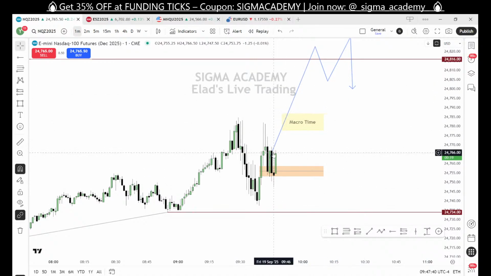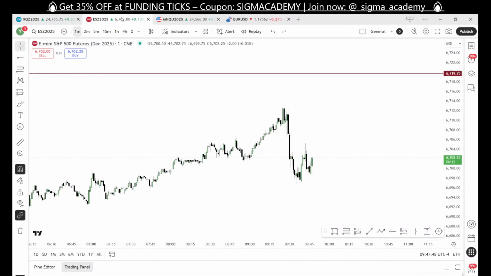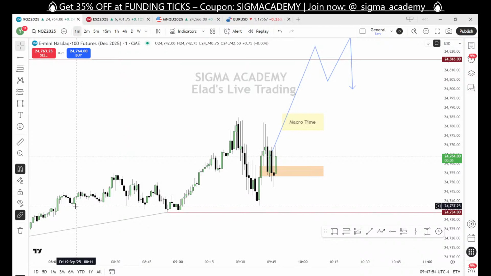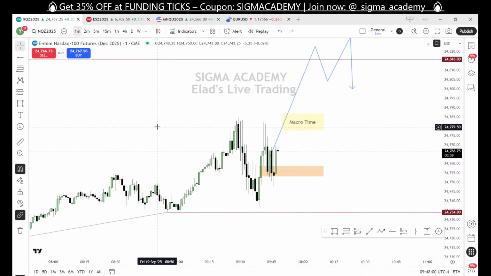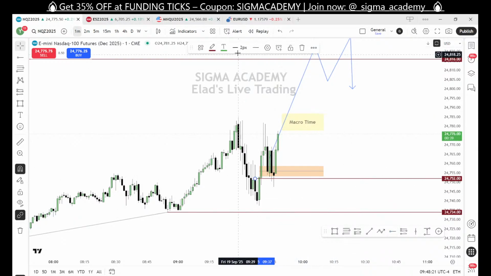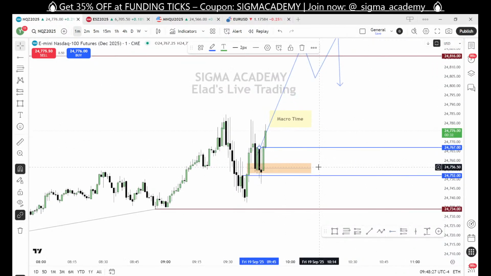Maybe this idea will happen, by the way. If the ES breaks this high, it's much clearer for longs, but this doesn't make sense for now because we have those equal lows. Down candle, support price for now.